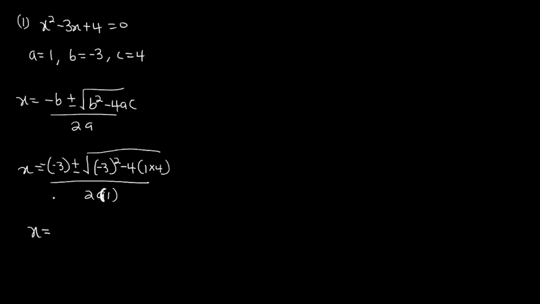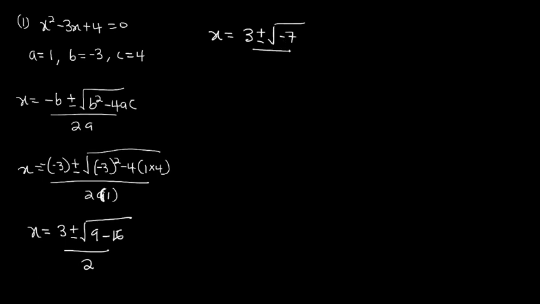So my x is equal to negative of negative 3 gives me positive, so I have 3 plus or minus the root of 9 minus 4 multiplied by 4, which is 16, on 2. So my x is equal to 3 plus or minus the root of 9 minus 16, which gives me negative 7, on 2.